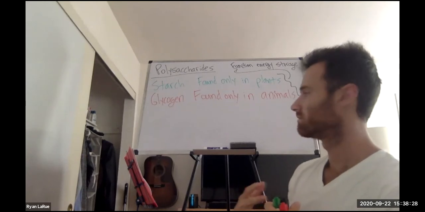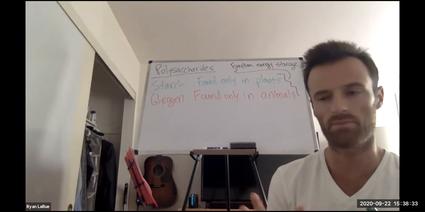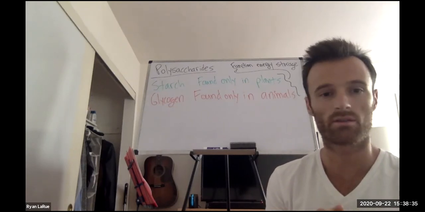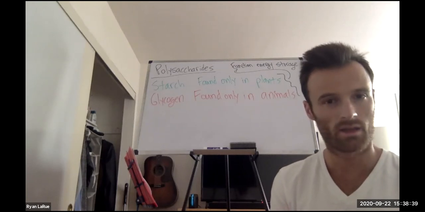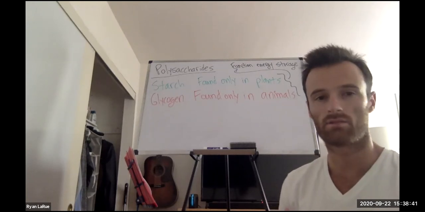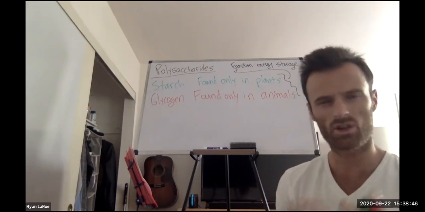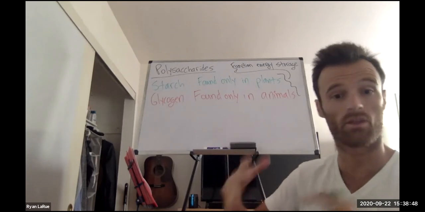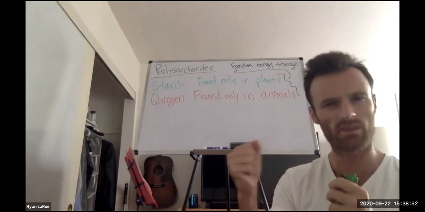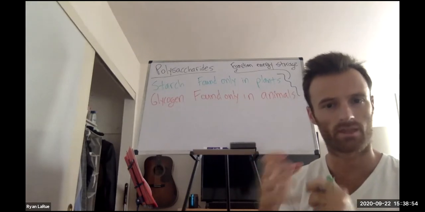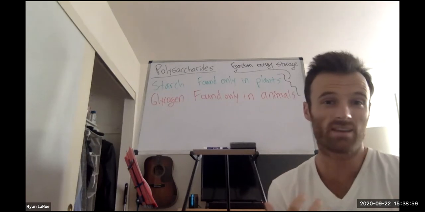Basically, without going too in depth here, if we are in a starvation state, or we haven't eaten in a while, our body and plants, especially during hibernation and winter, will start to break down these long chains of stored energy into individual glucose monomers and use them.